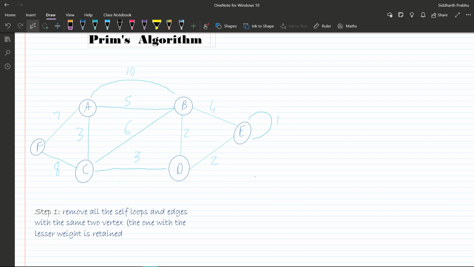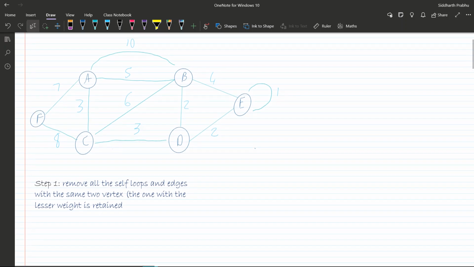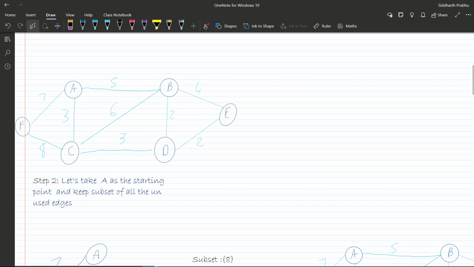The second case is the two edges between the A and B vertices. There you have two edges weighted 10 and 5, and we will take into consideration the edge with the weight 5 and remove the edge with the weight 10. So after that you will get a graph resembling this.